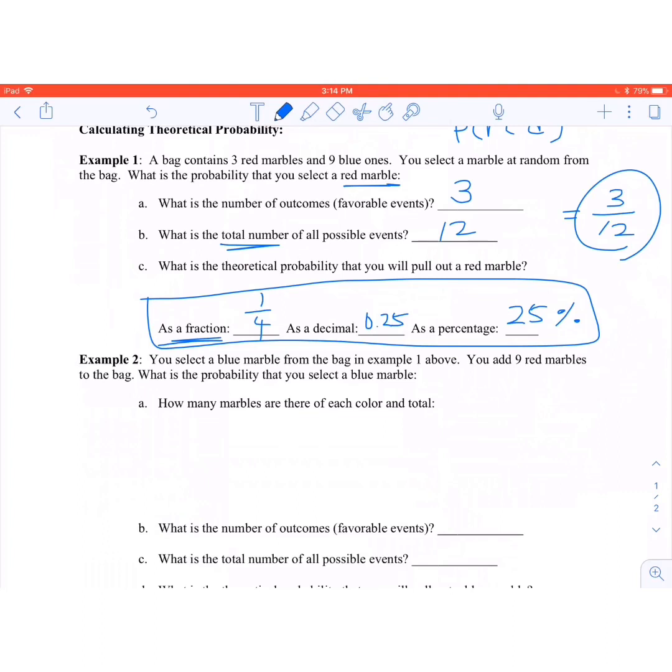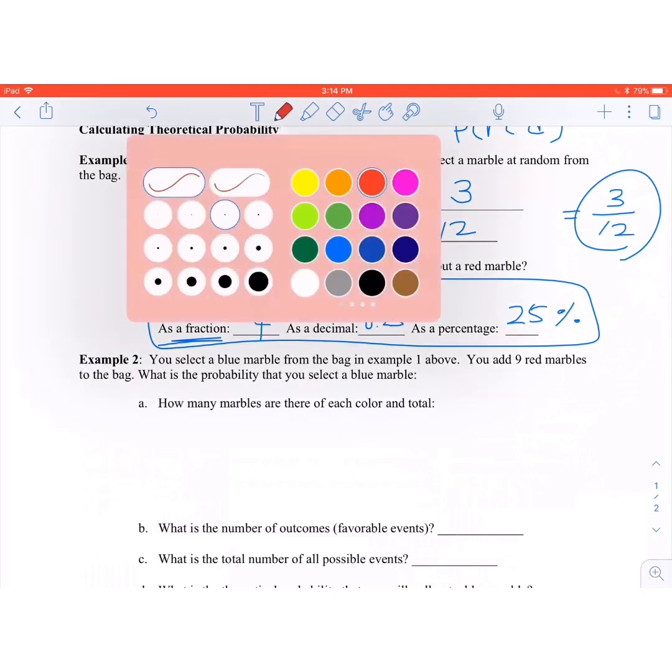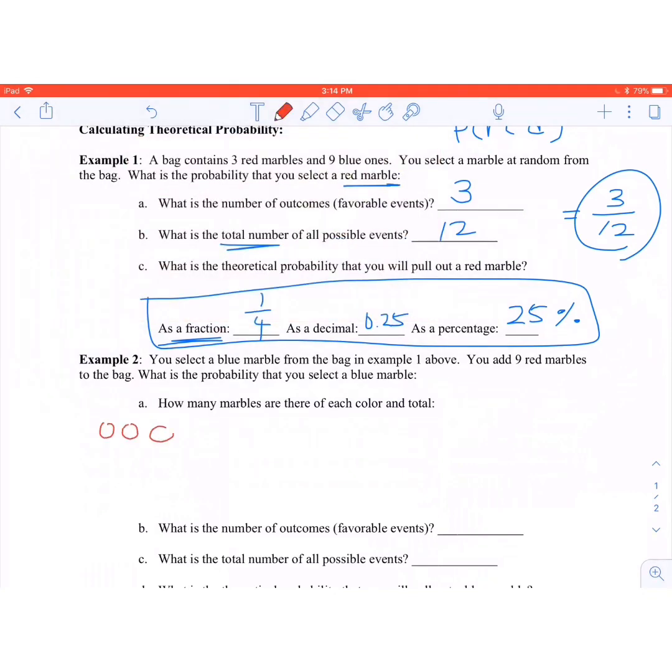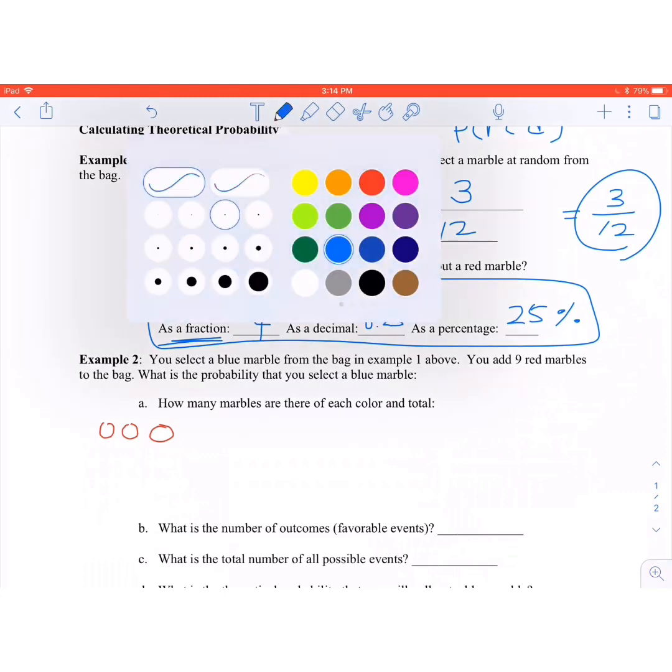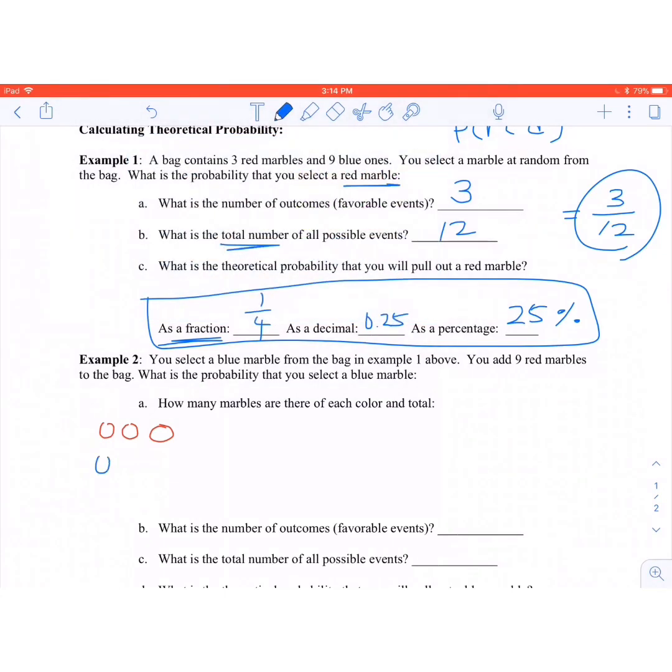Example 2. You select a blue marble from the bag in example 1 above. You add 9 red marbles to the bag. What is the probability that you select a blue marble? Okay, so you start with 3 red marbles, so 1, 2, 3, and you also have 9 blue marbles according to example 1. And then it says select the blue marble from the bag in example 1 above.